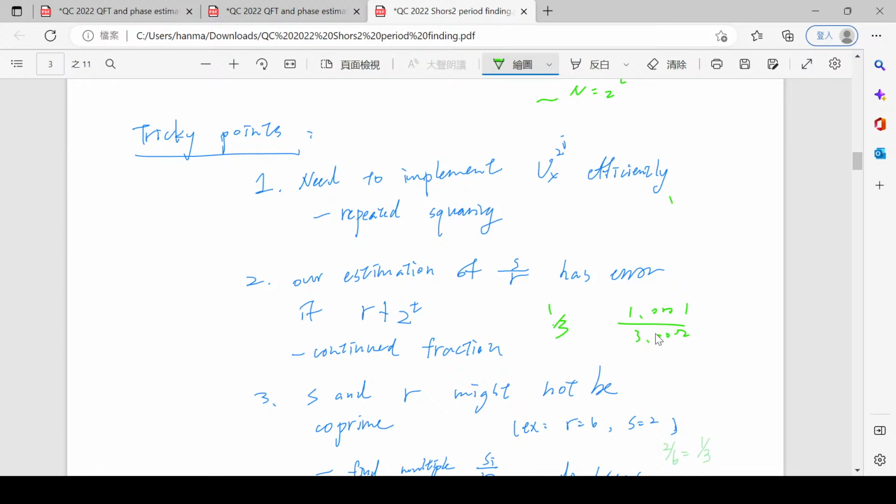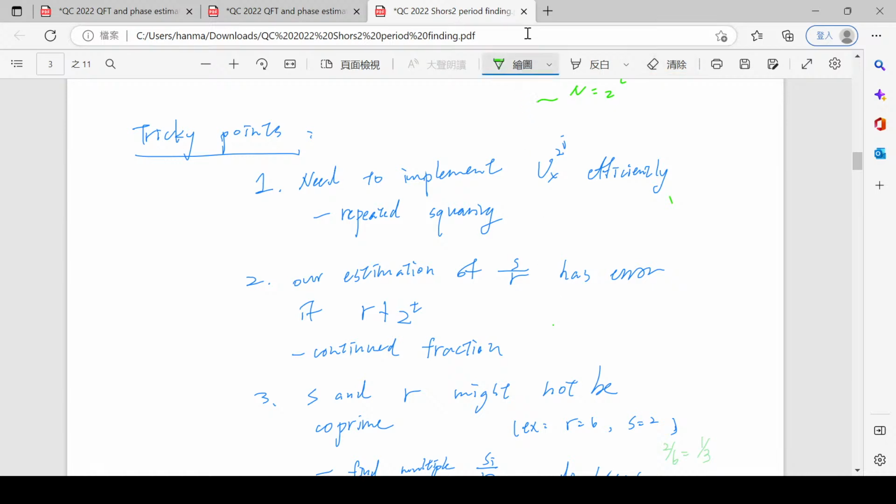You don't want your R to be 3002 if you retain this; your R is actually 3. So you don't want something like this. We'll get rid of that through continued fractions.